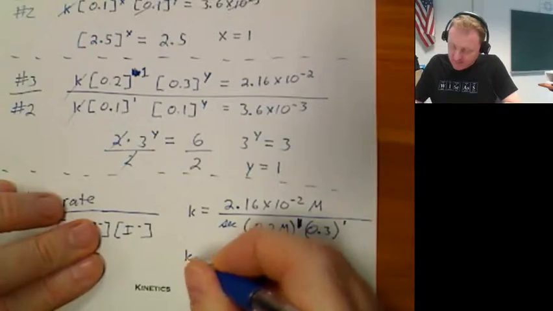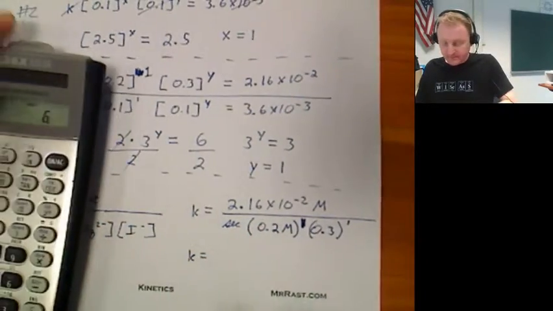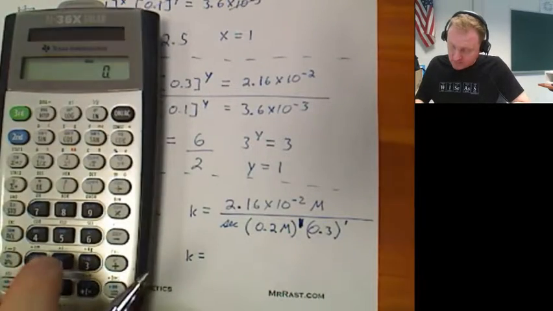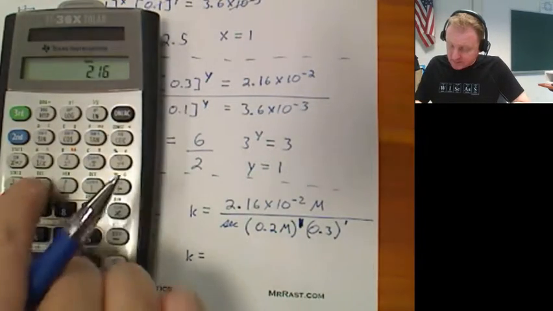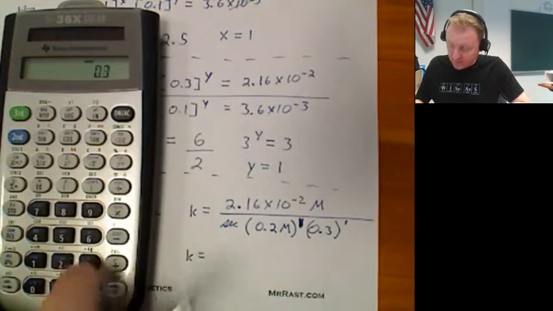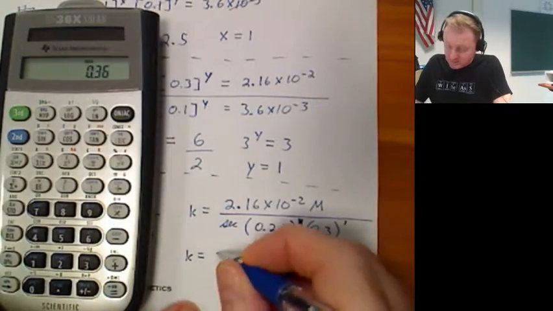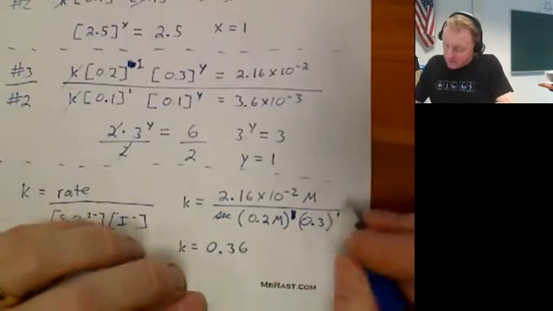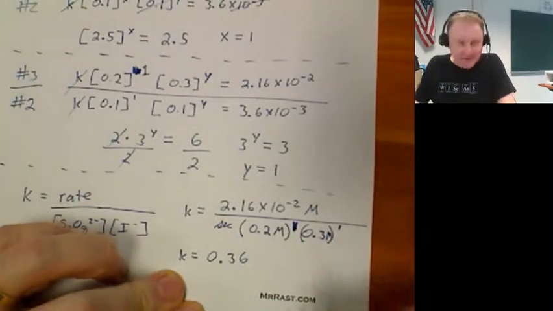So k equals 2.16 raised to the second power divided by 0.2, and that's also divided by 0.3, 0.36. Oh, and I forgot this is molarity.